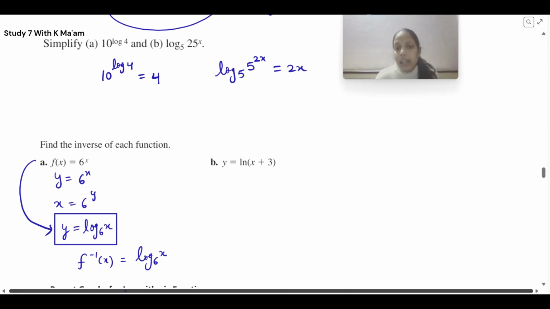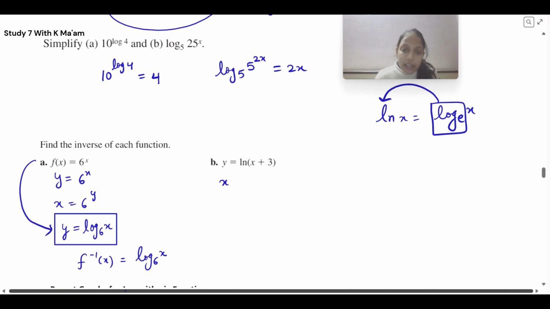Here, ln. Okay, what is ln? Ln of x. If you have log with base e, we consider this as ln and pronounce it as natural log. Ln of x plus 3. So what I'm doing is converting. First, y is already given.